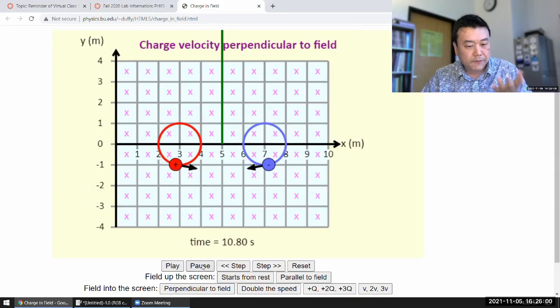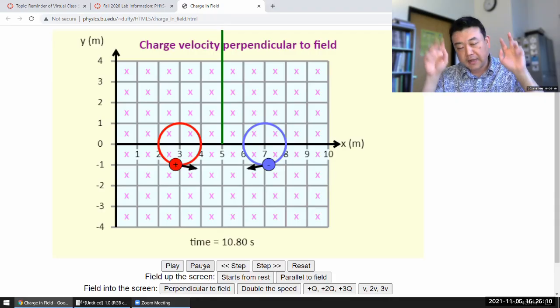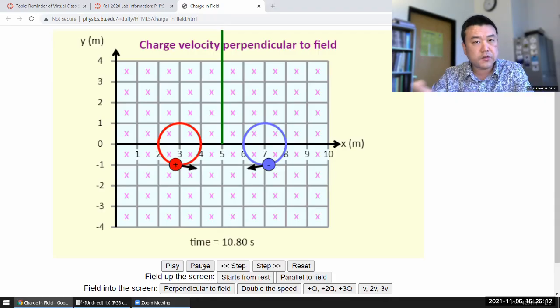I prefer to liken it to a type of net force. What you get when you add up all the forces, and you call that net force centripetal force when certain conditions are met. And one of the conditions is that the force is perpendicular to the direction of velocity. And that has impact on the kind of trajectory, whether the force can speed up the charged particle or not. And that's what we're seeing here.